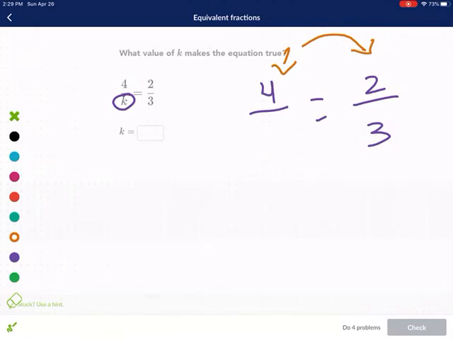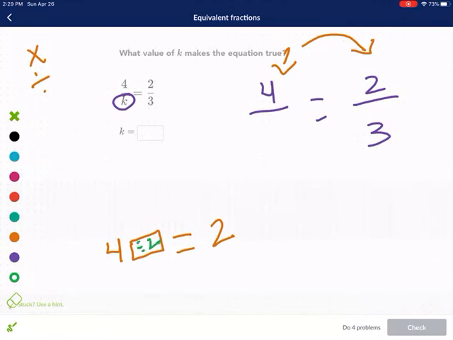Think about it like this. If I have this problem written out and I need to put something into this box, 4 blank equals 2. And it's got to be either multiplication or division.